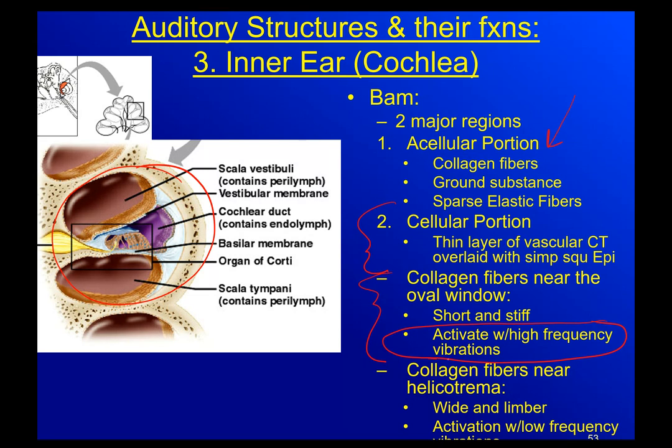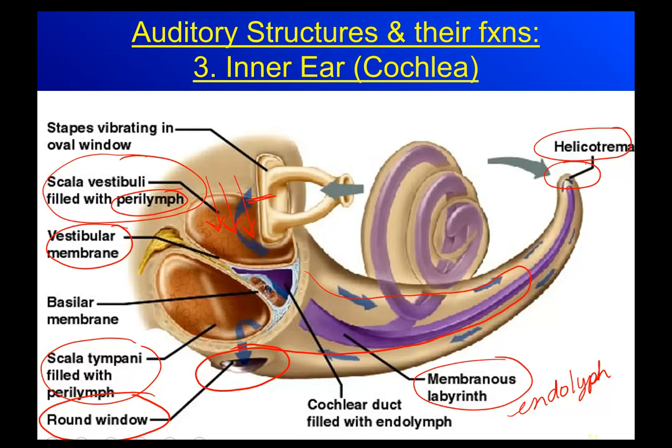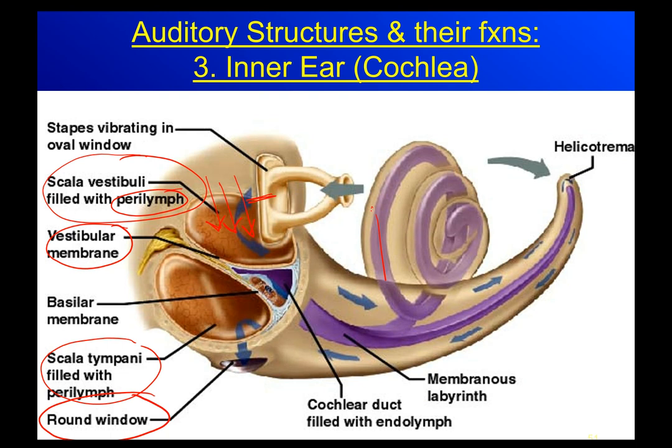The collagen fibers near the helicotrema, near the end of that path, are more wide and they're more limber, meaning that high-pitched frequencies wouldn't activate them. In that case, it's going to be low-pitched frequencies. So if we go back to this here, if you're closer to this foot of the stapes here, it's going to be a high-pitched noise.